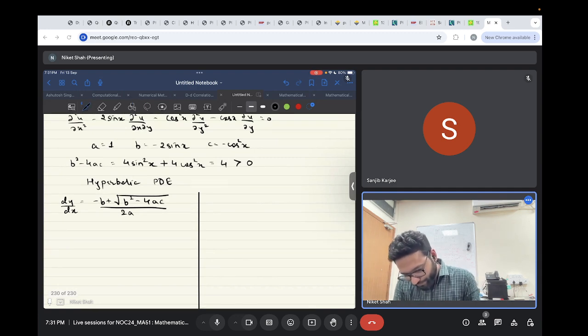So here it will be dy by dx is equal to minus b minus square root of b square minus 4ac divided by 2a.